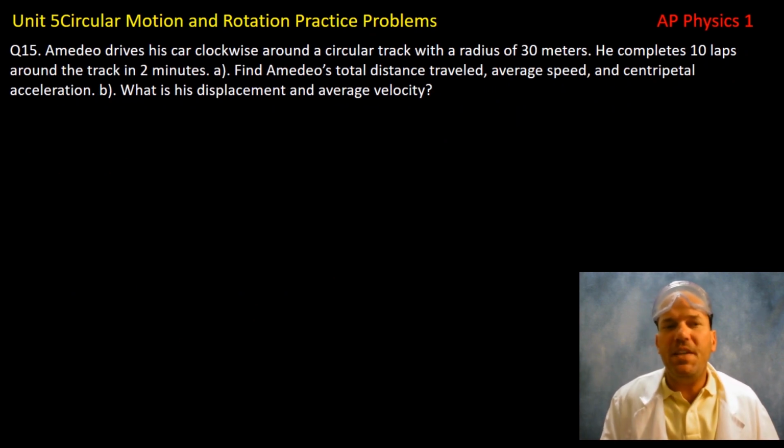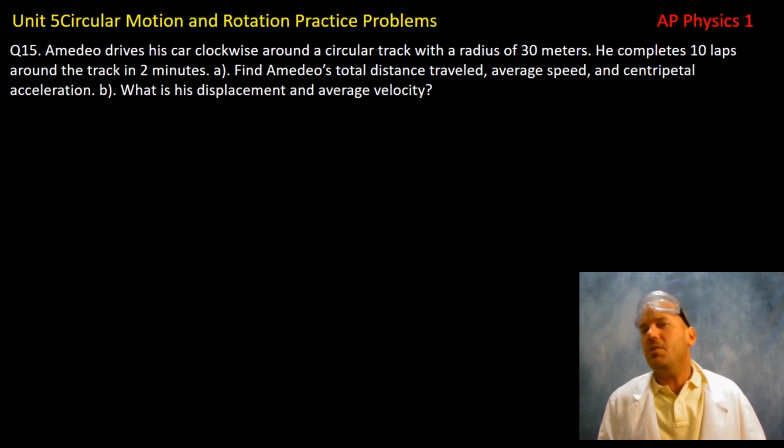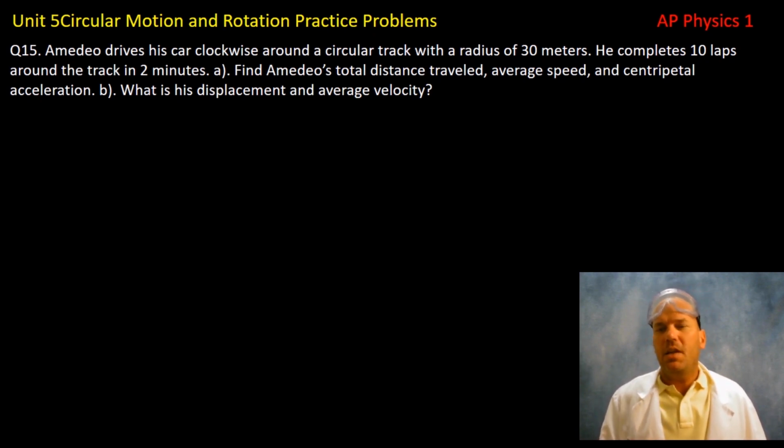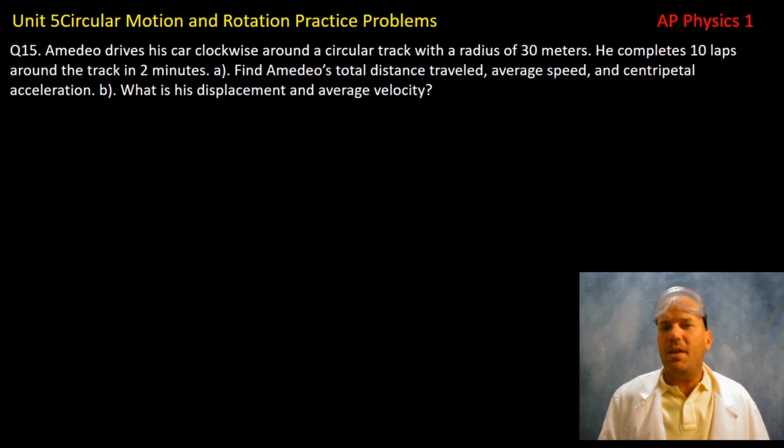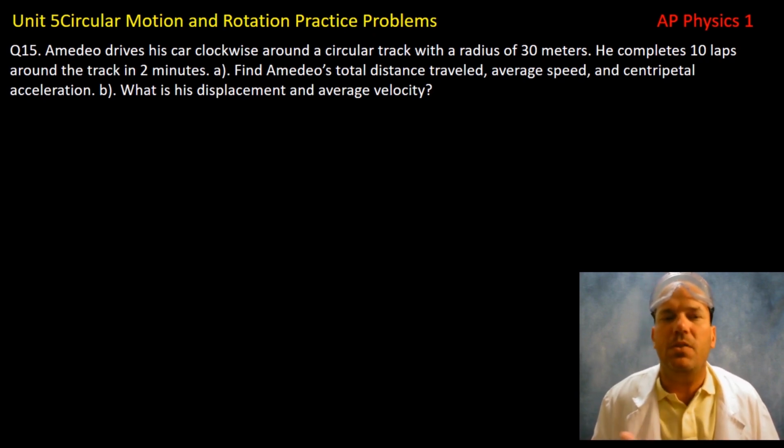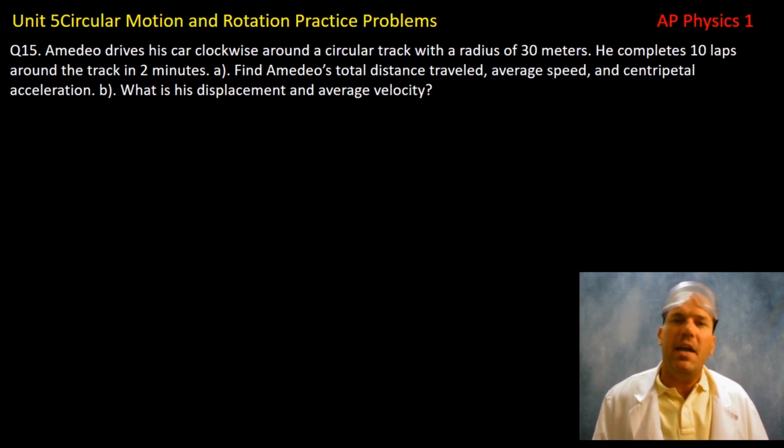All right, question 15. Amadeo drives his car clockwise around a circular track. We're given the radius. Amadeo completes 10 laps around the track in 2 minutes. Find Amadeo's total distance, average speed, centripetal acceleration, and we're going to compare that to Amadeo's displacement and average velocity.